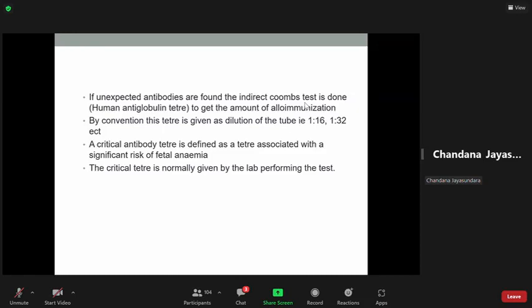Now, once we know that the mother is sensitized, then we know the baby is positive. Third, we know that the mother now has antibodies which are at a critical level as well. Now, the fourth thing that we have to know is whether the baby is now getting affected because of the critical level it has reached. For that, we have to see whether the baby is having anemia or not.